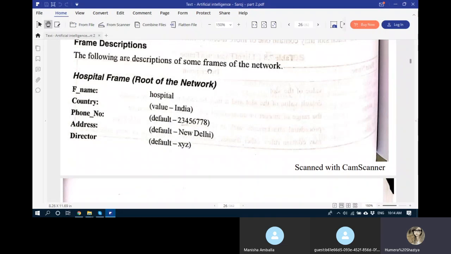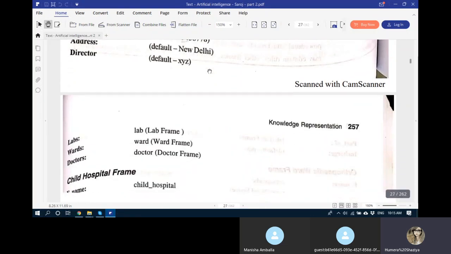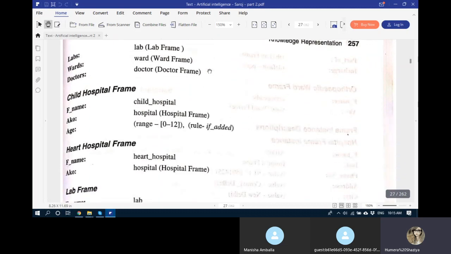So we have the hospital frame, which is the root of the network, which has these attributes or slots. Let us call them slots along with their values. And this child hospital frame: if you observe here, you have the name, you have AKO, which denotes the kind of relationship.